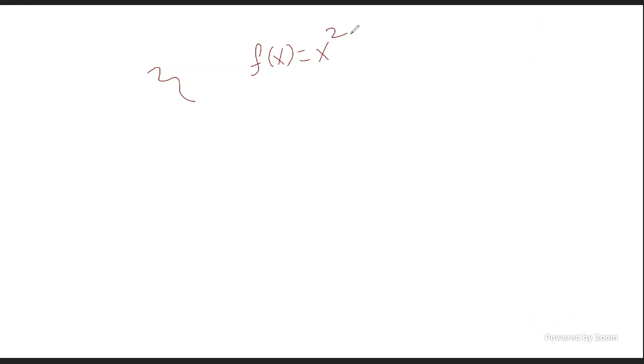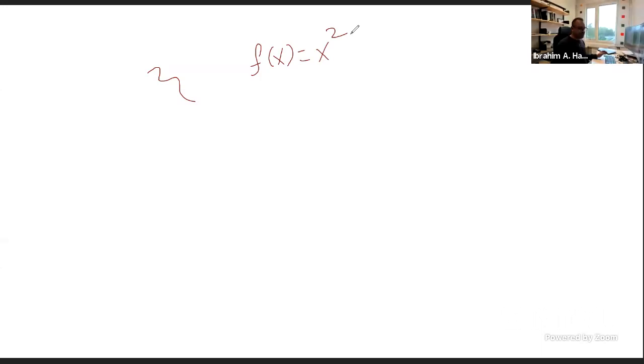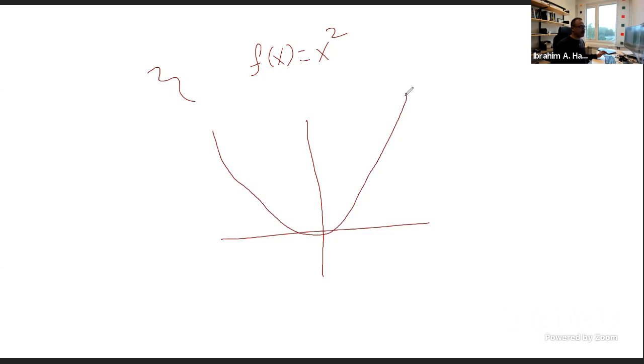Okay. So this is a very simple function, f of x equals x squared. I will plot this function here. It's convex, and I will solve this function using gradient descent. As we mentioned before, we need to get f dash of x. So f dash of x, which is the gradient, will be 2 times x, right?